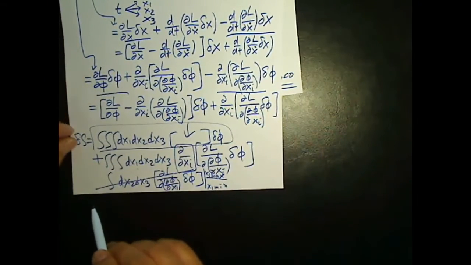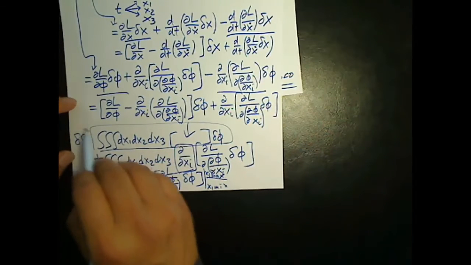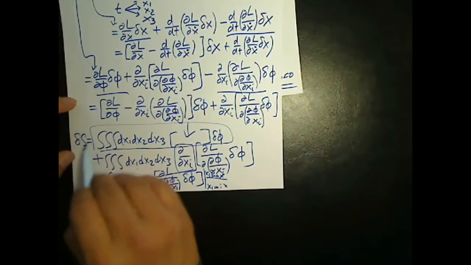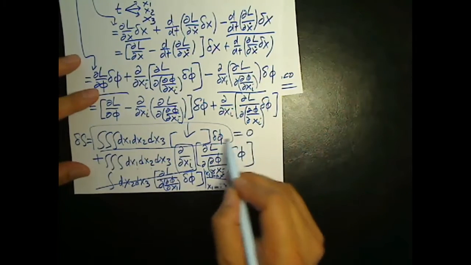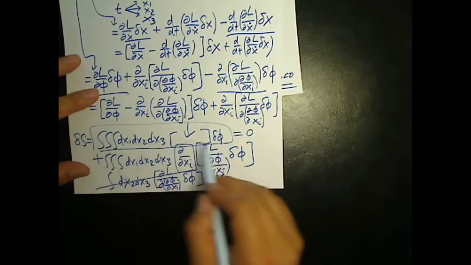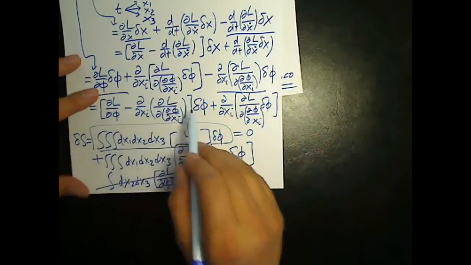What we want to do is find the minimum condition for this electrostatic energy for any variation. So this one is 0, which means this coefficient is 0. That coefficient is this one, and it can be evaluated.